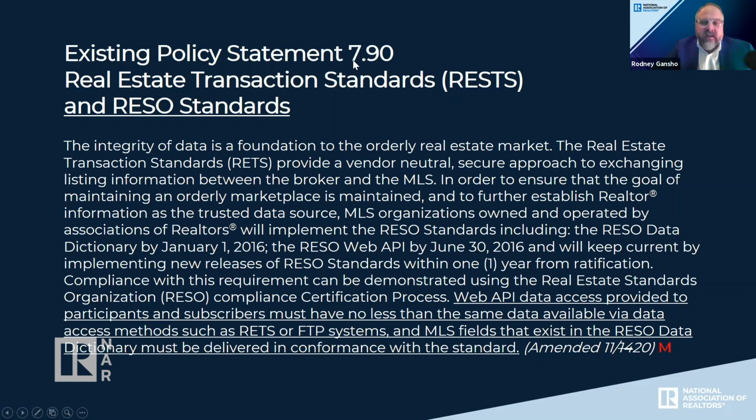So what this does is level the playing field so that brokers, vendors, and others can ensure that they have the most complete data set, not only from the other data feeds, but also from the preferred RESO web API data feed and access. So this will hopefully push us in that direction.